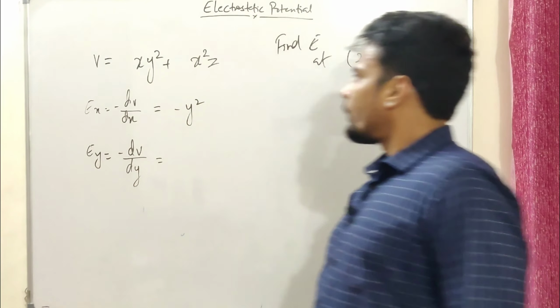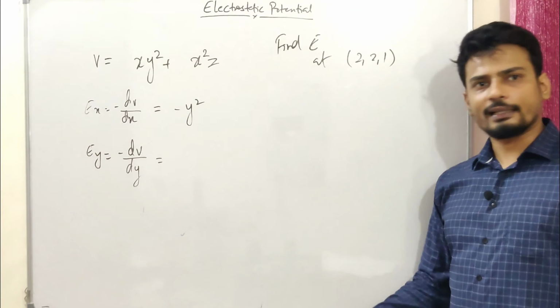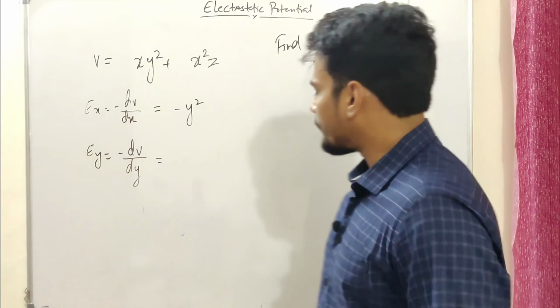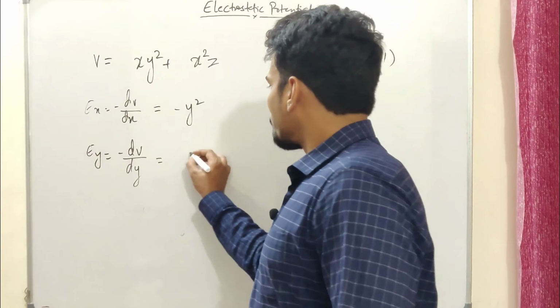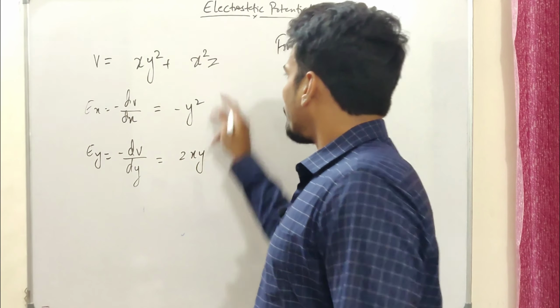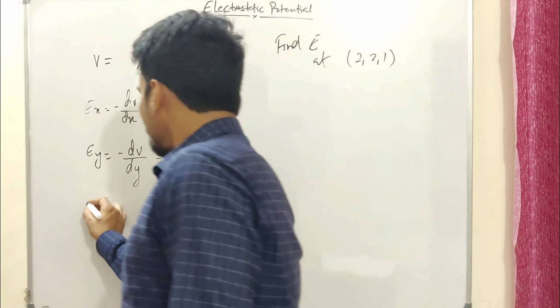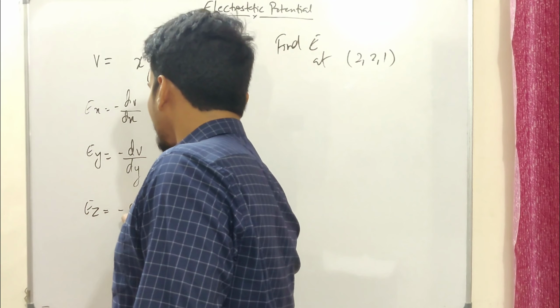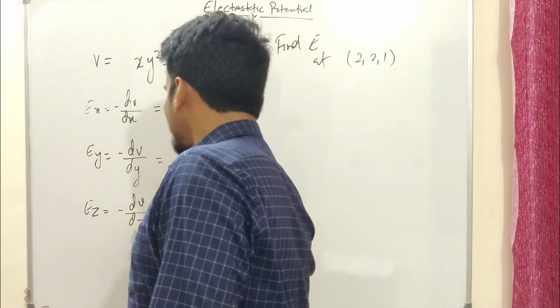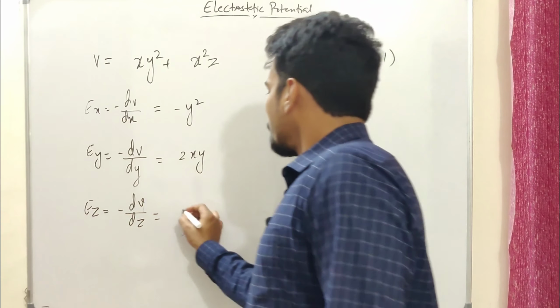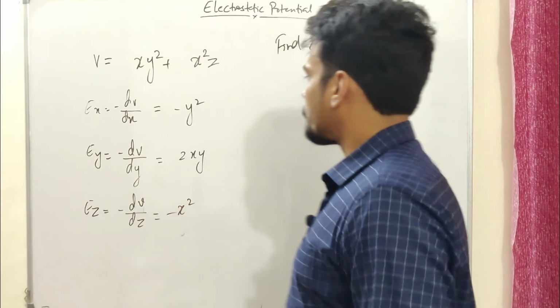Now I'm going to put y as the variable and everything else other than y should be constant. In this case, I'm going to have 2xy, and this part is going to be 0. Likewise, Ez is going to be minus ∂V/∂z, and that's going to be minus x².